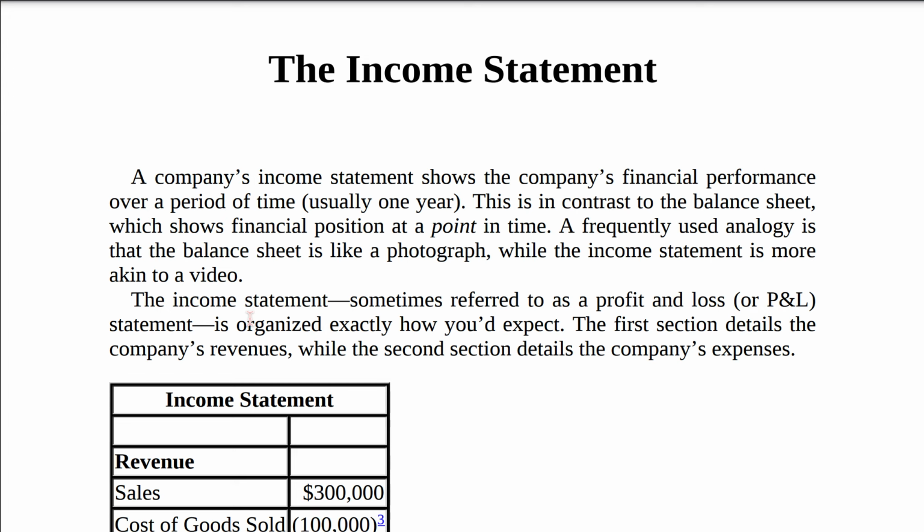The income statement, sometimes referred to as a profit and loss account or profit and loss statement, is organized exactly how you would expect. The first section details the company's revenues while the second section details the company's expenses. For a company there are two major parts which it looks into for understanding its financial position.